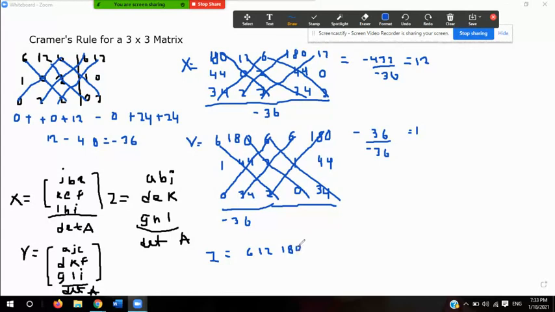And D, K, and F, which in this case would be 1, 0, and 44. Over 0, 2, and 34.